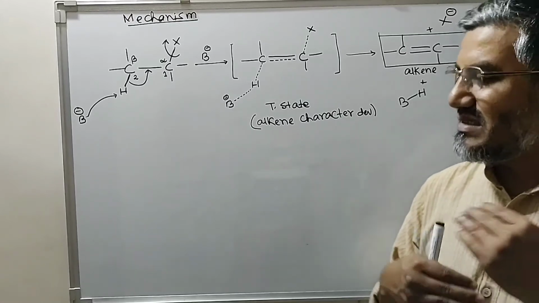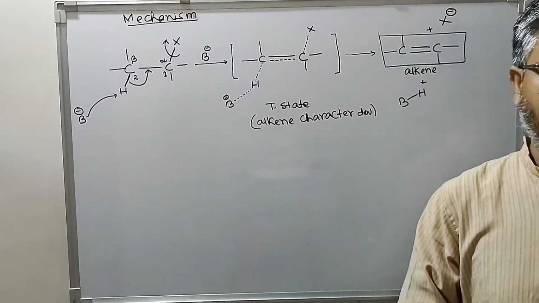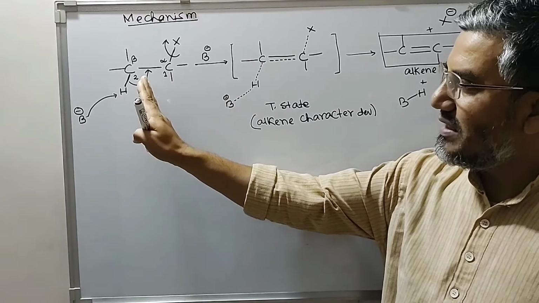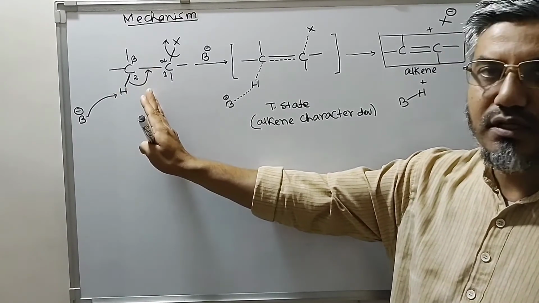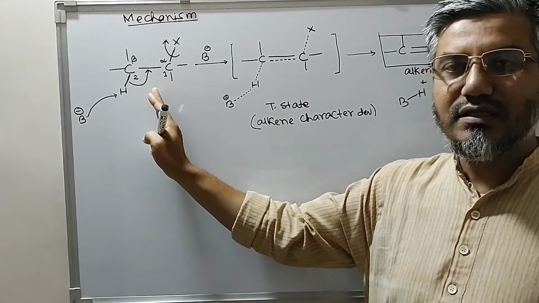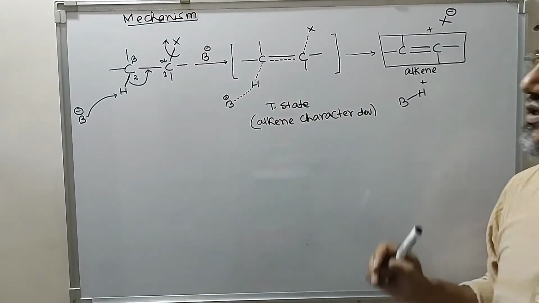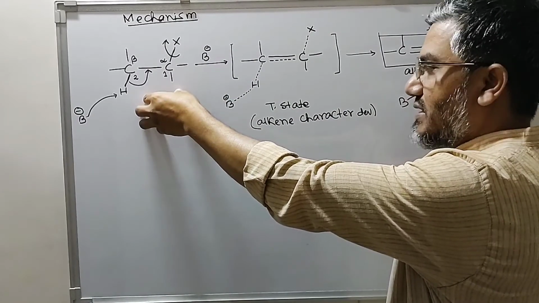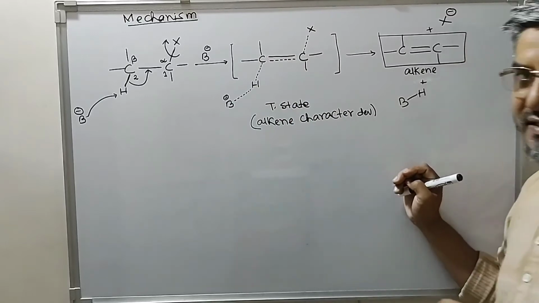So since stagger being more stable is less energetic, elimination is favored from the less energetic or the more stable anti form, so that the energy difference is reflected in the transition state. That means if the starting alkyl halide is more energetic, then the transition state will also be more energetic.